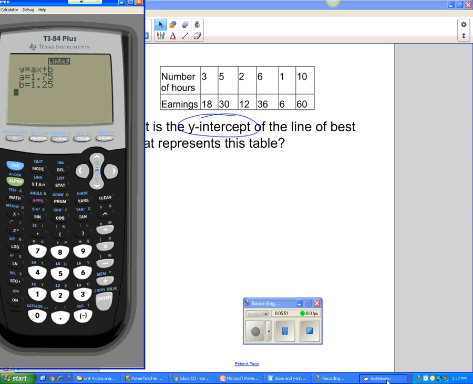Thank you to the people who are putting it in. I appreciate that. 3, 5, 2, 6, 1, and 10. This one doesn't tell you specifically which to use, so 18, 30, 12, 36, 6, and 60.